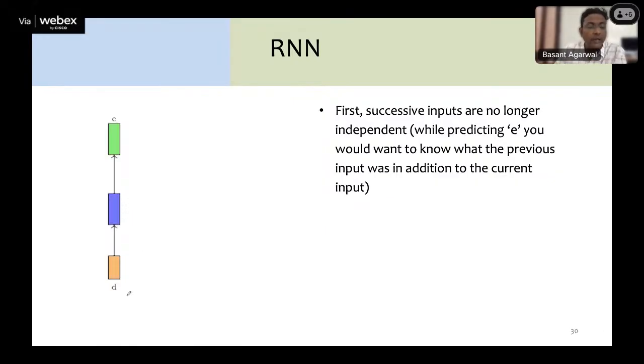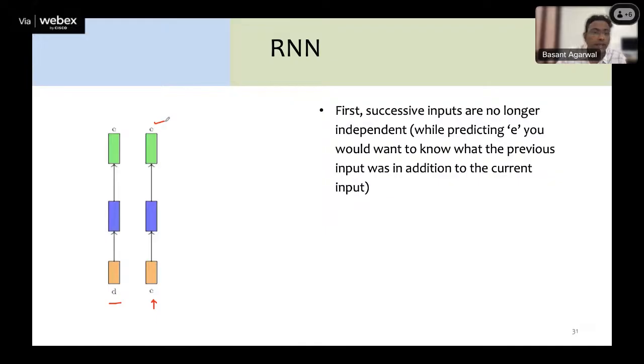For example, given the character D, I predict the next character as E. Then given E, I would like to predict the next character. But when I give this input E, if I do not consider the previous information D, the next predicted character could have been any other character also.